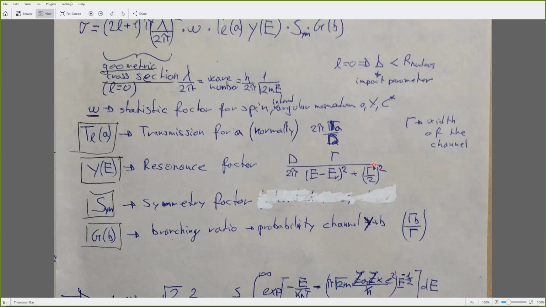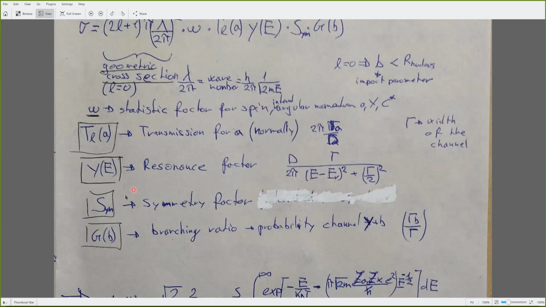This is just a constant because it's the width of the channel. Here we have the difference. So when the difference is 0, this is minimum, so this is maximum.